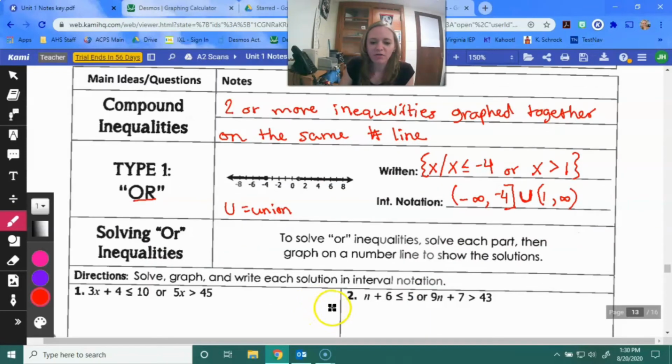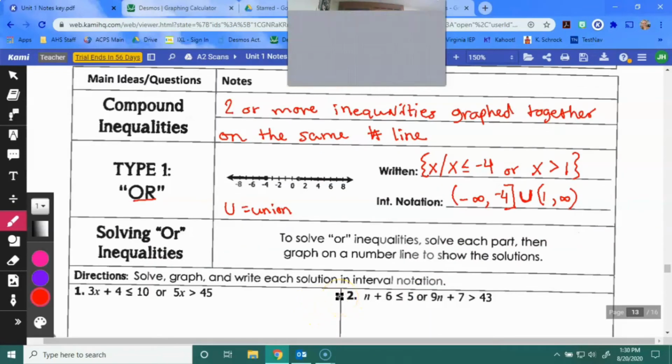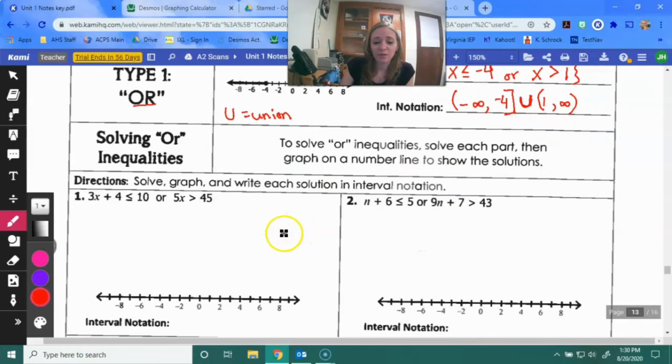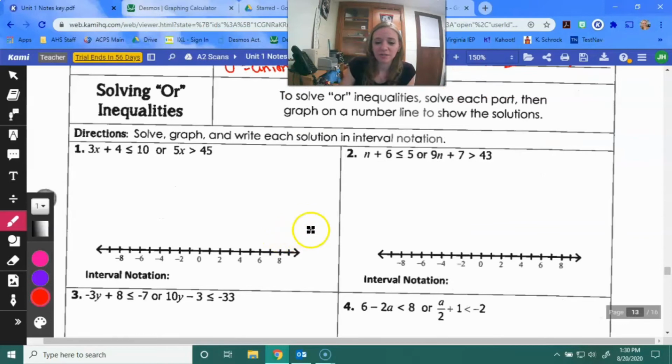So to solve these types of inequalities, what do they look like? They look kind of different. Physically, they have the word or there, so you are given two completely separate problems. You have to solve for each part, and then graph each part on the same number line. Seems pretty easy, right?